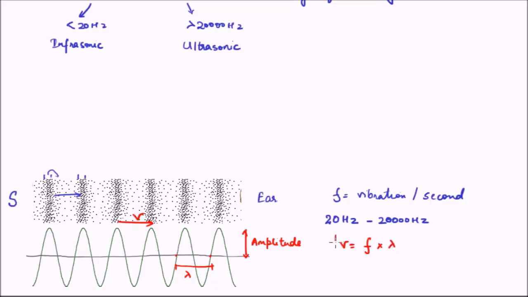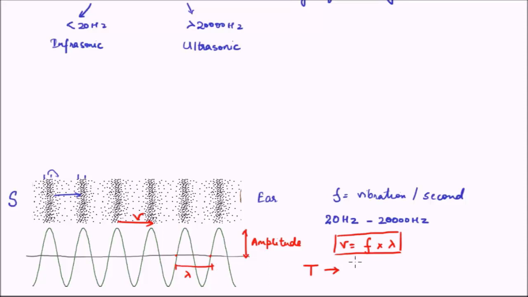So this will give me the velocity of the sound wave, right? Then next is another term which we call time period. Time period, denoted by a capital T, is the amount of time that a wave takes to travel one unit wavelength.